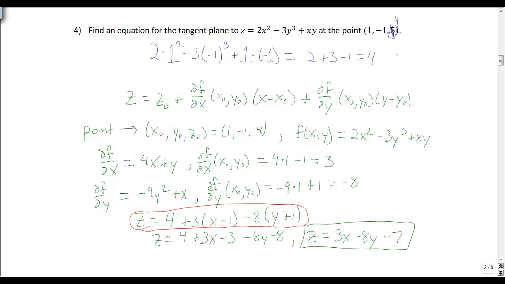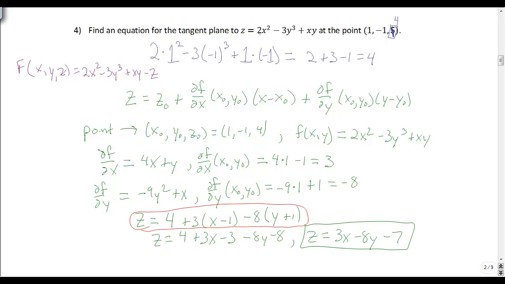So what that would look like is you take this equation and make a capital F of x, y, z, and say that's 2x squared minus 3y cubed plus xy, but then minus z.